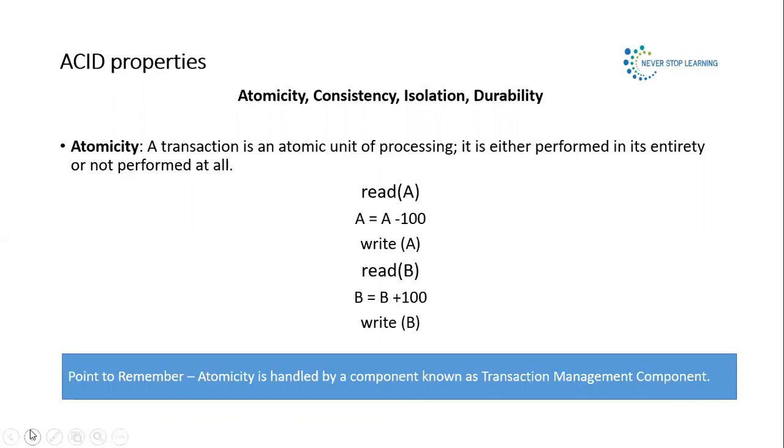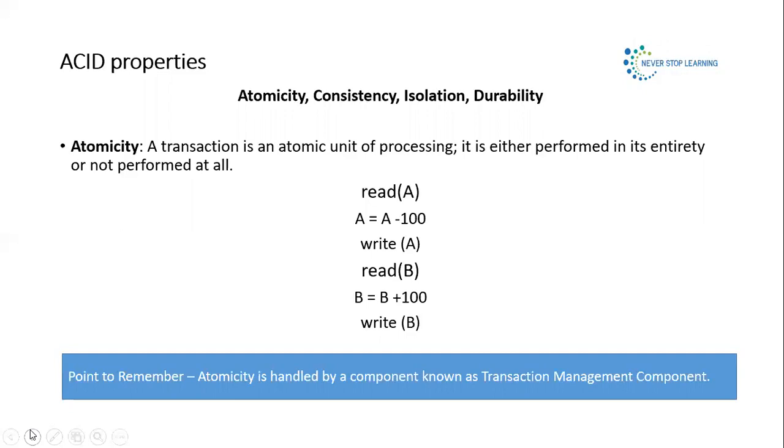So transaction is the only one which will interact with the database. To ensure consistency and integrity, it is necessary that our transaction should follow some properties, and those properties are ACID properties. Here A stands for atomicity, C for consistency, I stands for isolation, and D for durability.